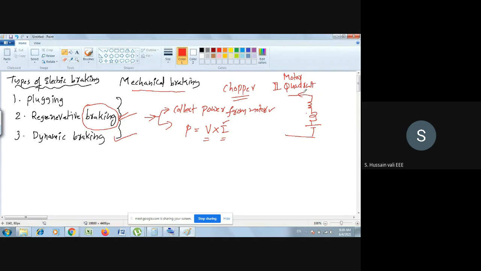We have already seen that, for example, if it is a chopper, the advantage is that you have a second quadrant chopper. You have seen the circuit diagram last class itself.